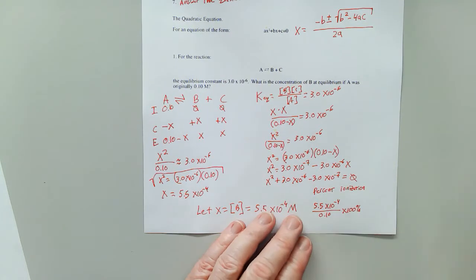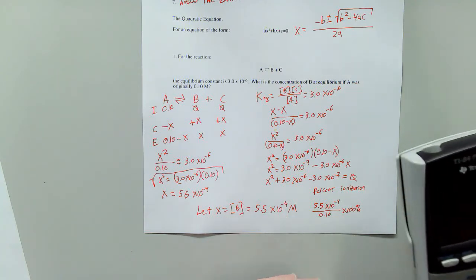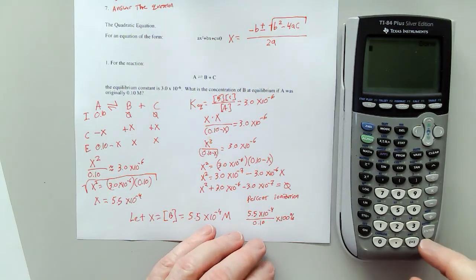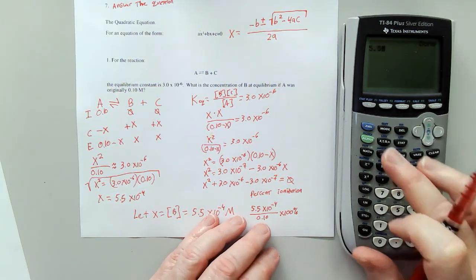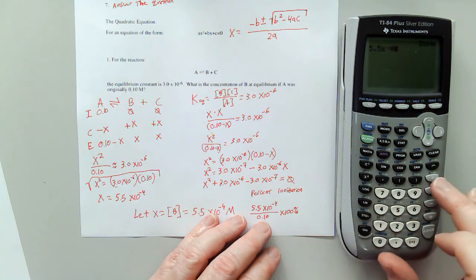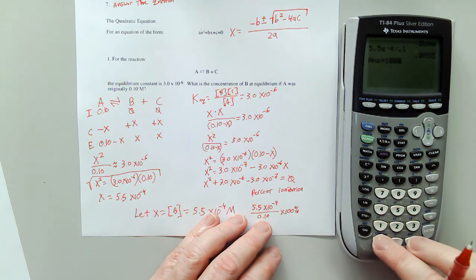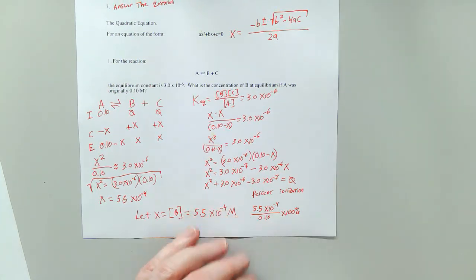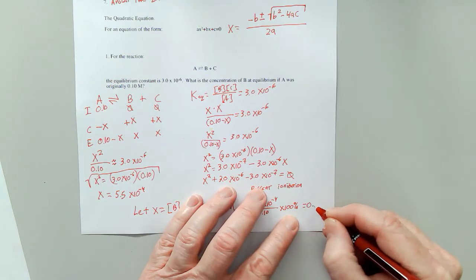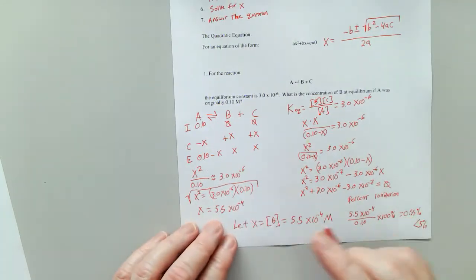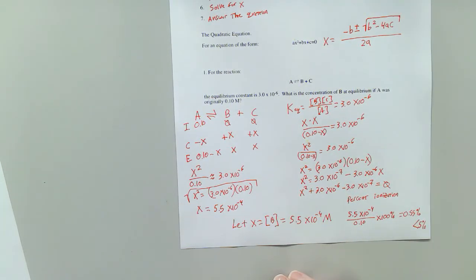Just looking at it, I can tell you it's very tiny. 5.5 second EE negative 4th divided by 0.1 times 100%, and I'm getting 0.55%. And as long as that is less than 5%, 0.10 minus x still rounds off to be 0.10, and my assumption is very valid.